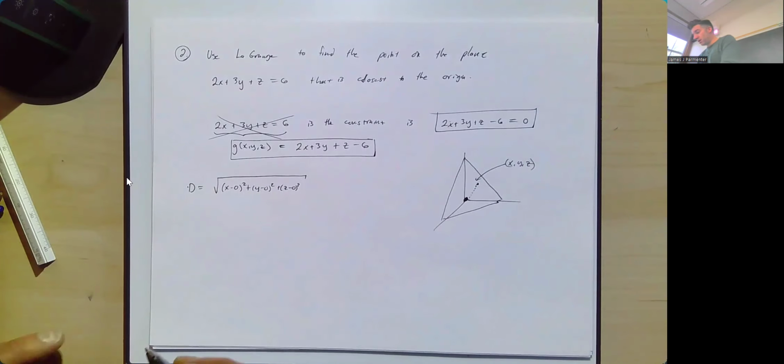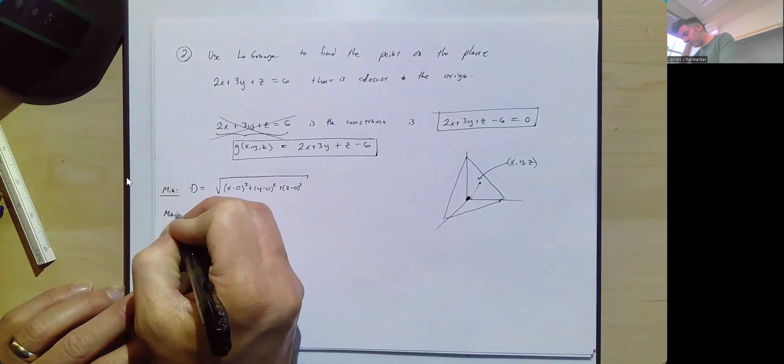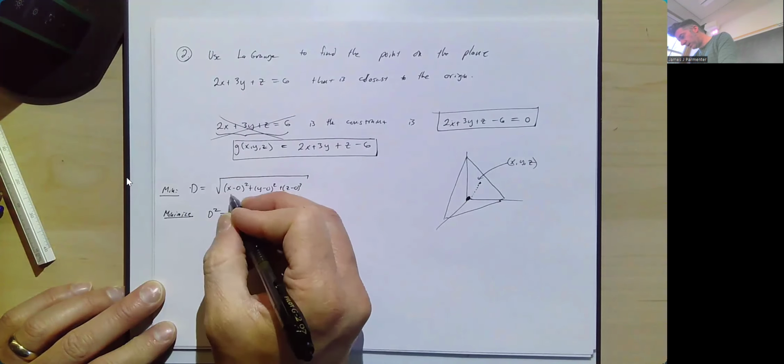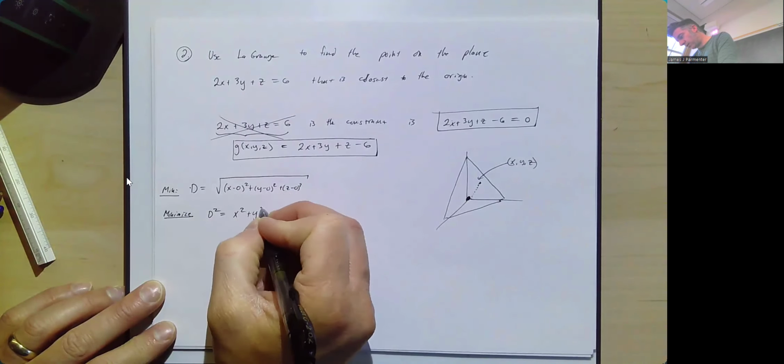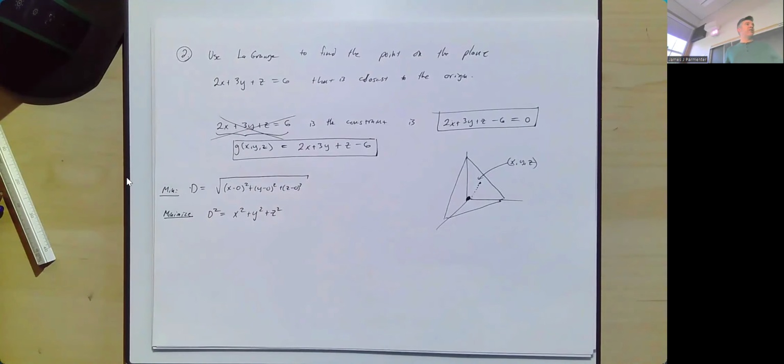So instead of minimizing this, we're going to minimize the distance squared, which is just x squared plus y squared plus z squared. And you might see that taking the derivatives there is going to be much less terrible than taking the partial derivatives with the square root there.